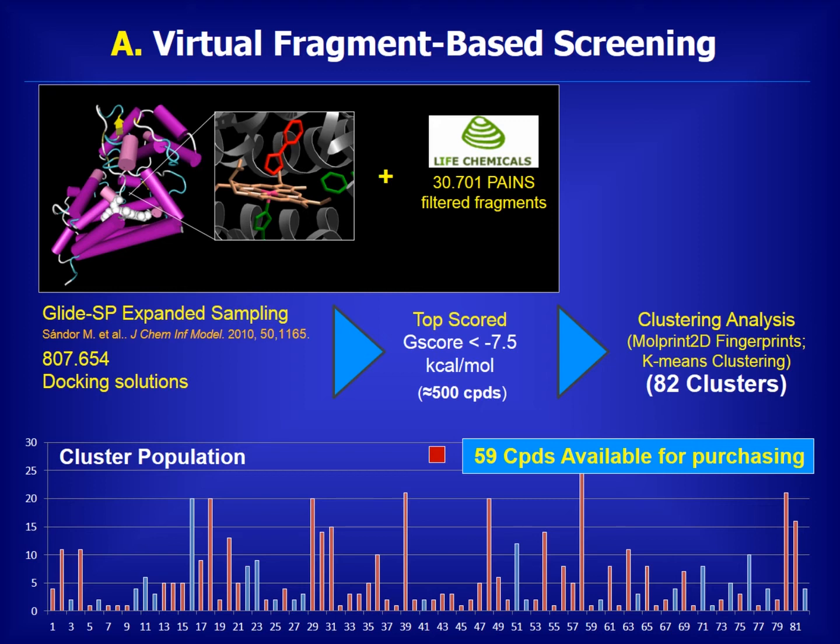Then these were, in the next step, typified and clustered by k-means algorithm, ensuring in this way structural diversity. 82 clusters were generated, where the compound with the best G-score of each cluster was selected for purchasing, but only 59 compounds were available.